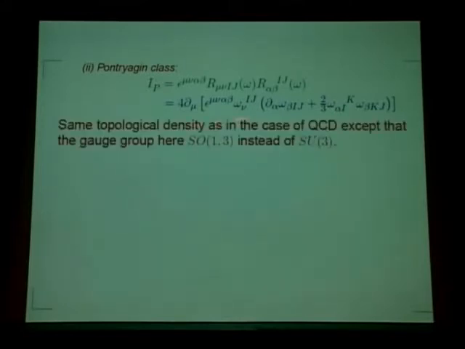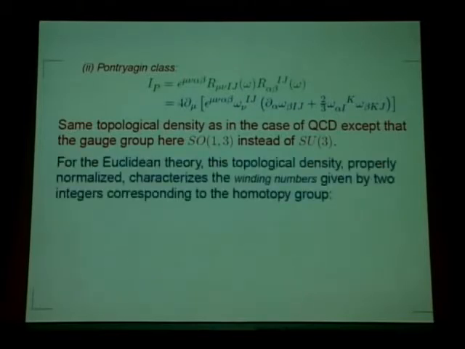This is the same topological density as in the case of QCD, except that the gauge group here is SO(3,1) rather than SU(3). And for the Euclidean theory, this topological density, properly normalized, characterizes the winding number given by 2 integers corresponding to the third homotopy group of SO(4), which is given by 2 sets of integers.